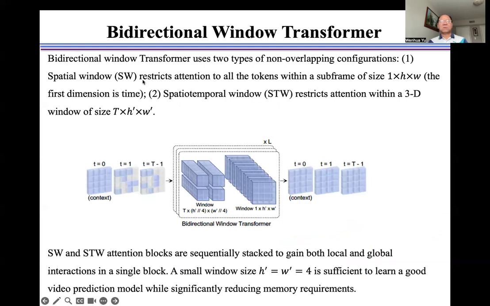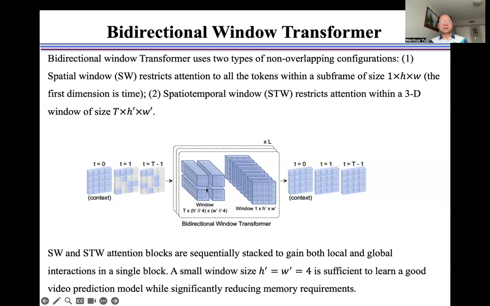Bidirectional window transformer uses two types of non-overlapping configurations. First, spatial window restricts attention to all the tokens within a subframe of size 1 by h by w. Second, spatial temporal window restricts attention within a 3D window of size t by h prime by w prime as shown here.